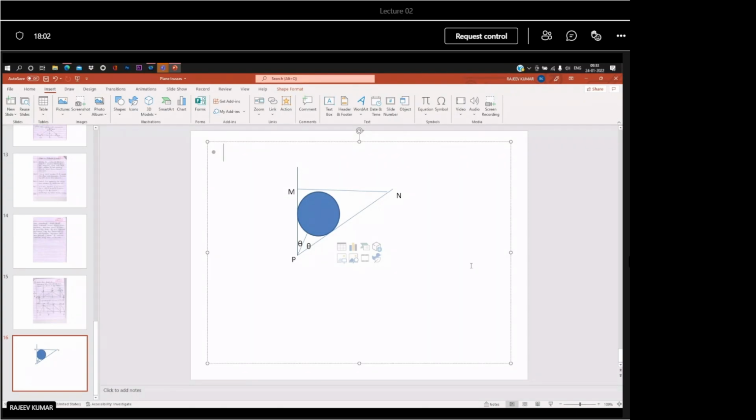Sir, I was disconnected, that's why I was asking for the question. Someone sent me that. Sir, does that log touch the string MN? No, that is not touching.